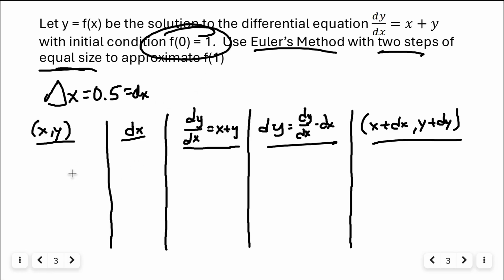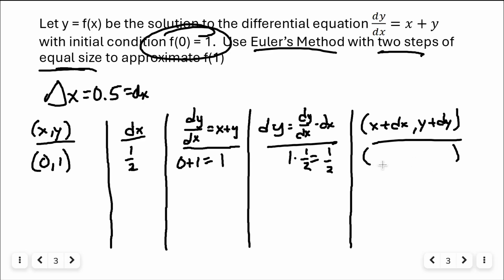My original initial condition is (0, 1). The change in x is 1/2. We'll do it as a fraction. dy/dx is x plus y, so that's 0 plus 1, that's 1. dy is dy/dx, which is 1, times dx, which is 1/2. So that's 1/2.